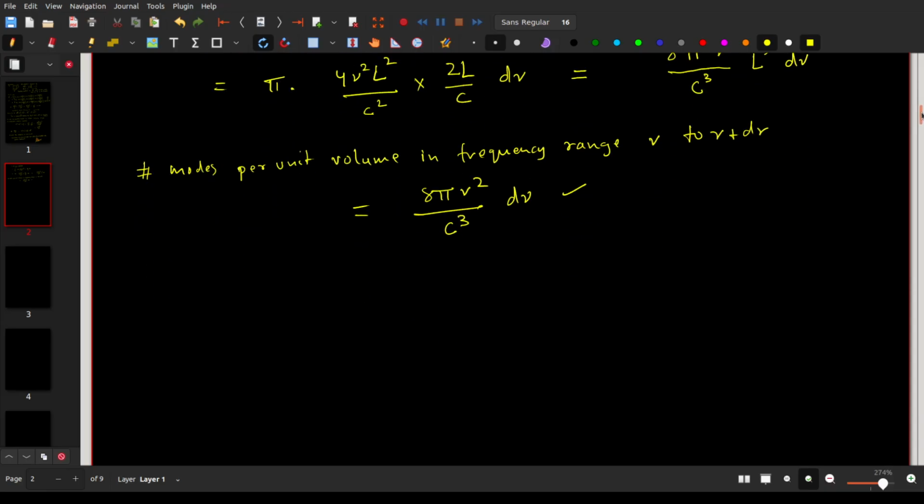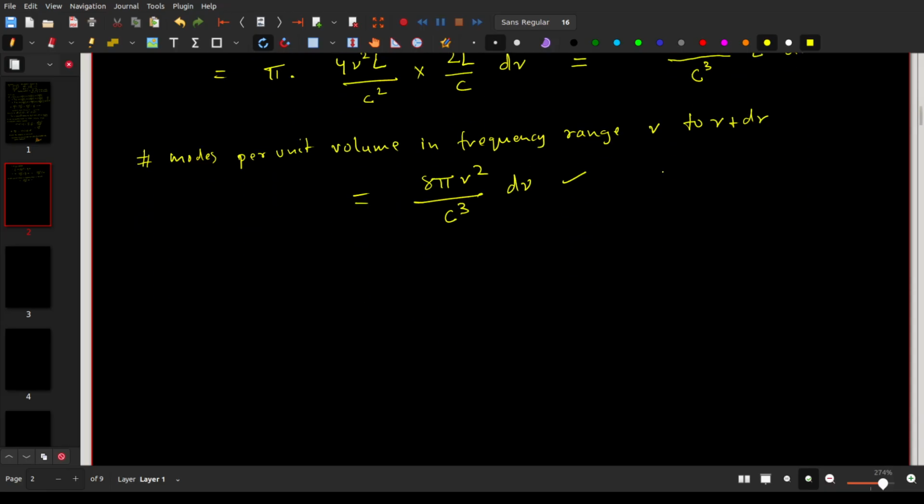Now once we know the number of modes, we can calculate the energy per unit volume in this frequency range. Suppose we first use classical thermodynamics.